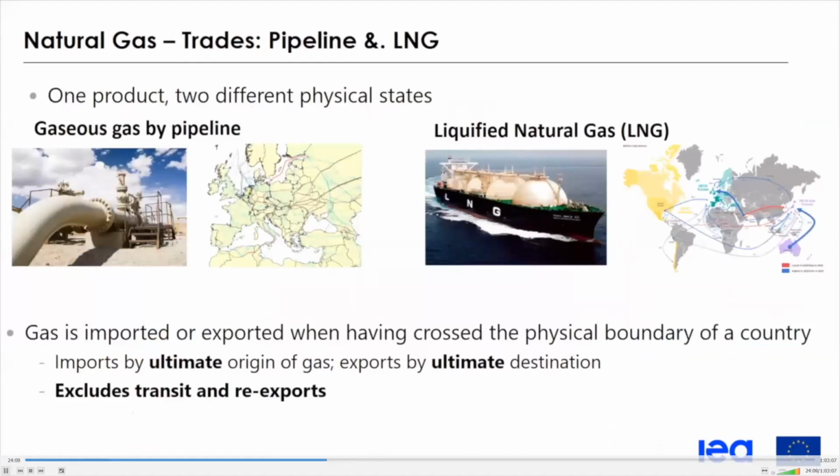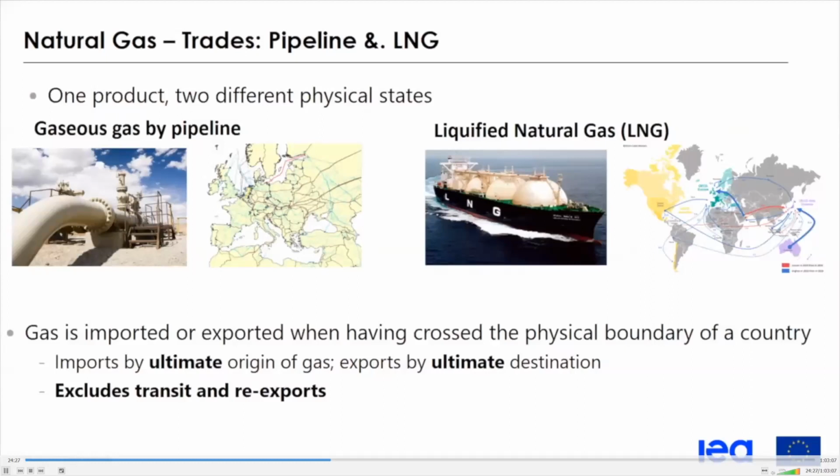As I told you before, regarding natural gas reporting, most of the difficulties actually come from the trade data. Imports should cover gas entering your country for domestic consumption and be reported under the country where the gas was produced.